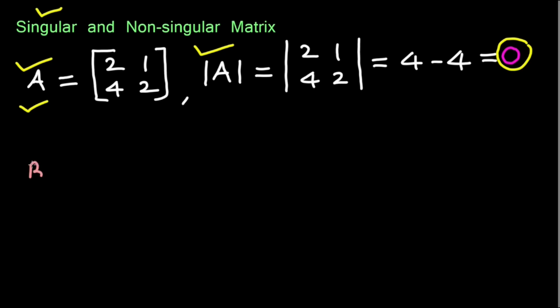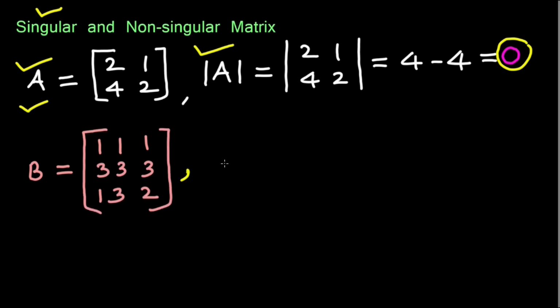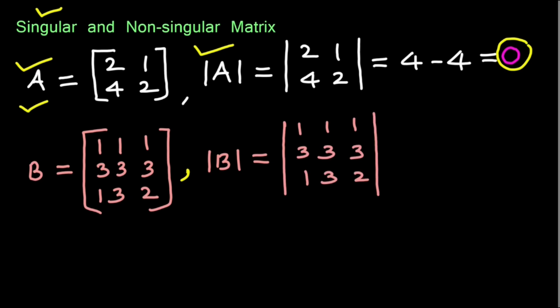Consider another matrix B, which is [1 1 1; 3 3 3; 1 3 2]. Its determinant will be the determinant of that matrix. Let us evaluate it.